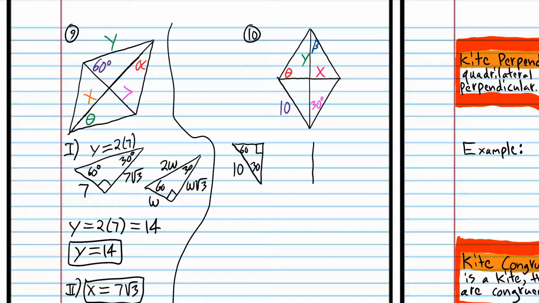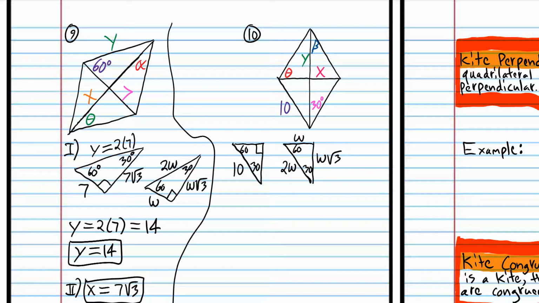Now, if I draw that relation, remember that relation tells us that if the side opposite 30 is W, then the side opposite 60 is W root 3, and the hypotenuse is 2 times W. So we know that this side here, that's 10, and you may have struggled a little bit with this, because this is a little bit different than the previous problem, but this side must be 2 times the side opposite 30.